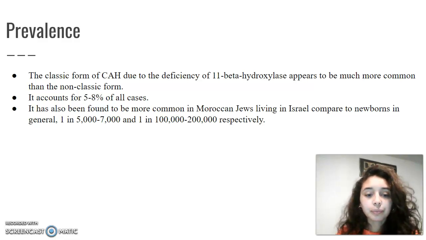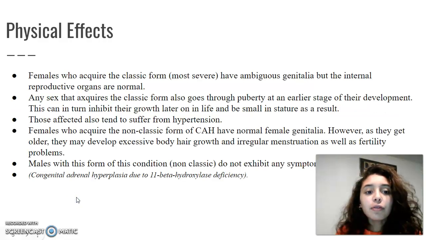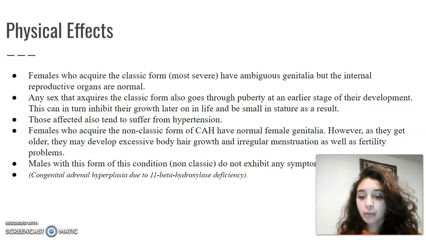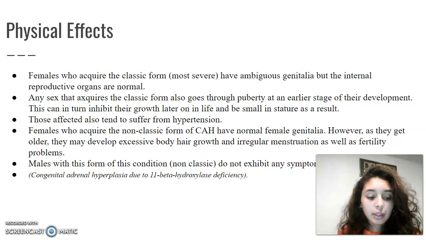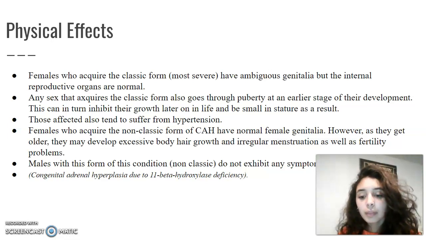The physical effects of congenital adrenal hyperplasia, most commonly in females who have the classic form, which is the most severe: they have ambiguous genitalia, which just means that they neither resemble a female or a male, but they have normal internal reproductive organs.